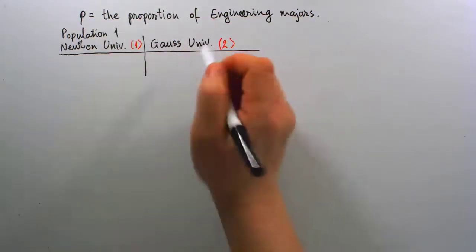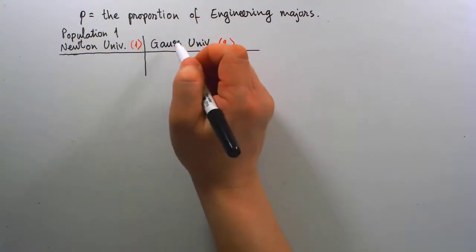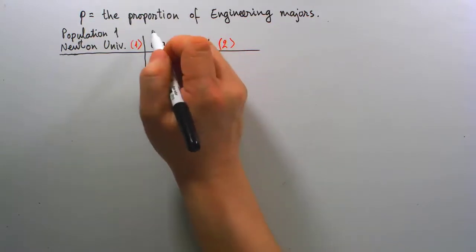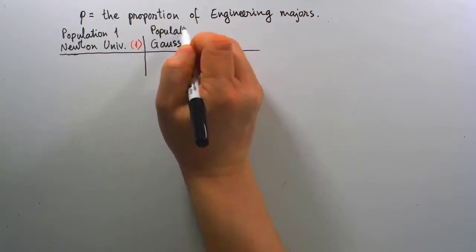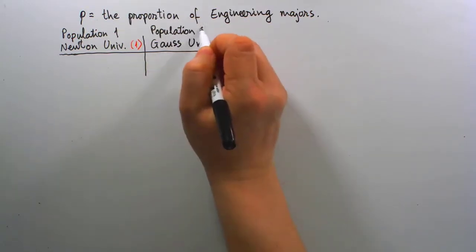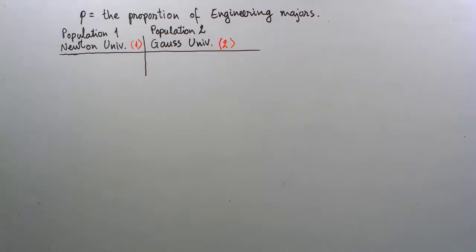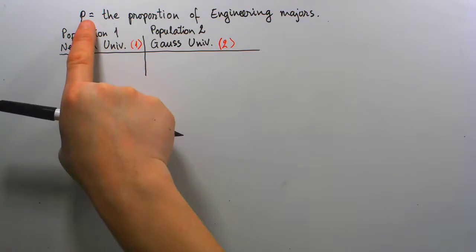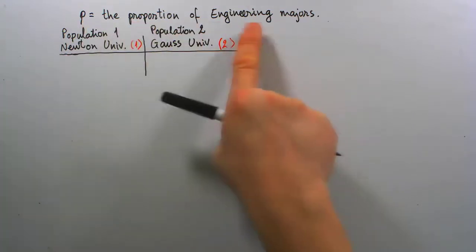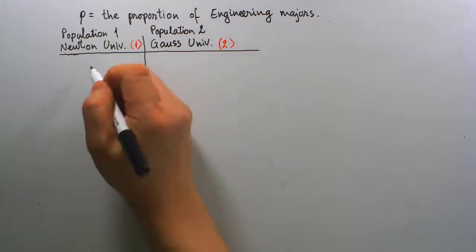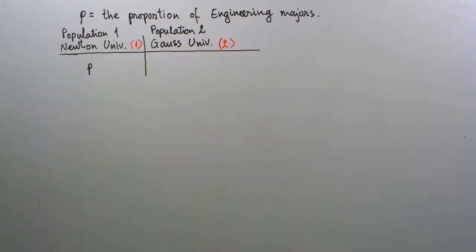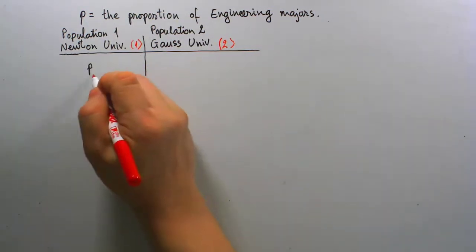And Gauss University, the student population there, is regarded as population 2. And so now that specific population proportion of engineering majors in population 1, we can refer to as P1.